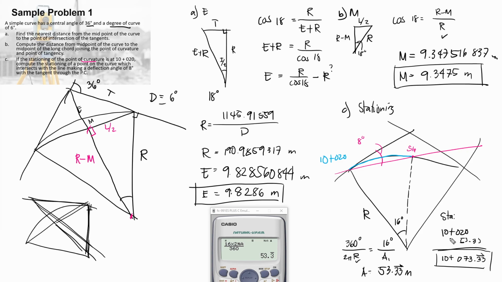So, yun na yung stationing natin, yun na yung sagot natin. Yun lang siguro yung nadagdag natin for another property rin ng simple curves or ng ating horizontal curves. May questions ba or need ng clarification?